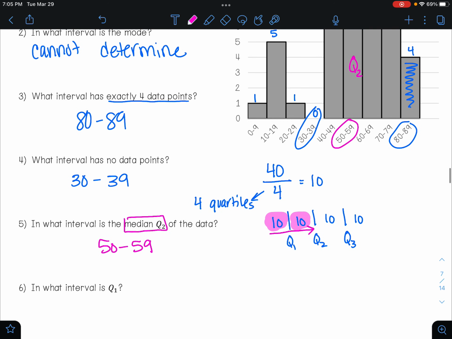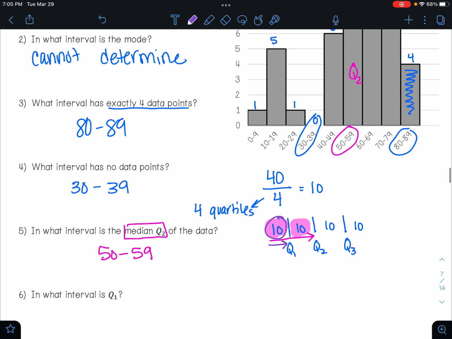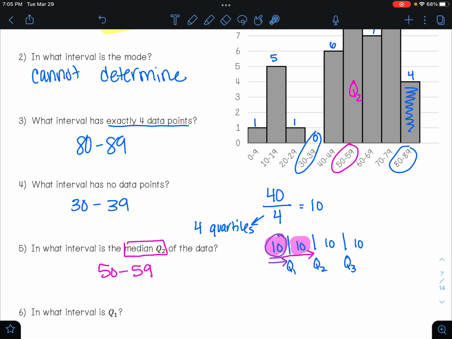If I want to find Q1, if I start at the beginning, I have to count to 10. So I have 1 data value. 1 plus 5 is 6. 6 plus 1 is 7. 7 plus 0 is 7. 7 plus 6 is 13.